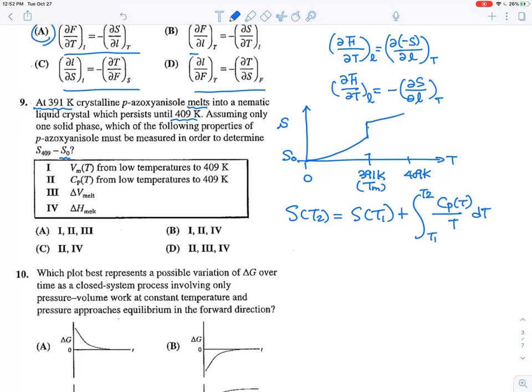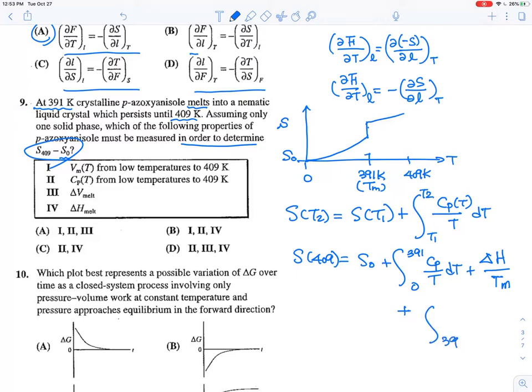So the question is, assuming one solid phase, which of the following properties must be measured in order to determine the entropy change, which I guess is now S409, starting from S naught at 0 to 391, the integral of CP over T dT, and then delta H melting over T, plus 391 to 409, CP over T dT.